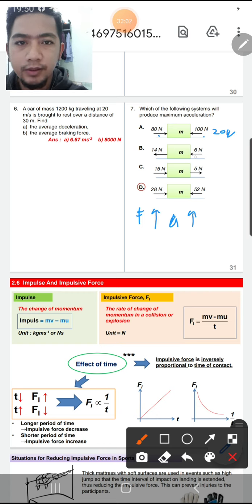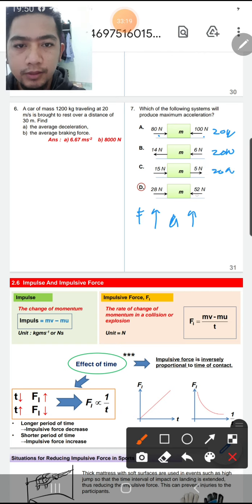This one, both go to the left, so we add: 14 plus 6, still 20 Newton. This one, both go to the right: 15 plus 5, 20 Newton.